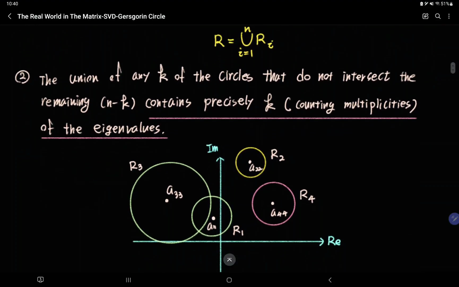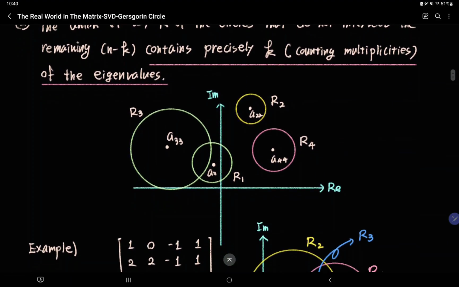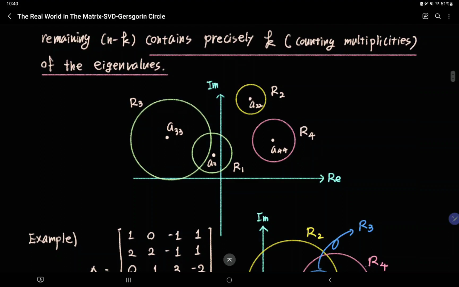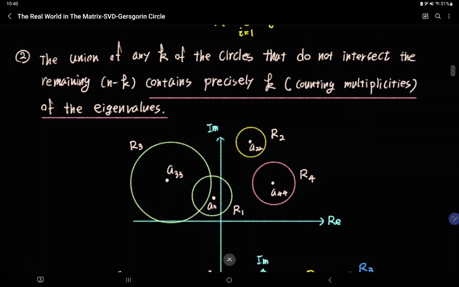What that means is, look at this. For a 4 by 4 matrix, we have the circles R1, R2, R3, and R4. You see that two circles overlap right there.